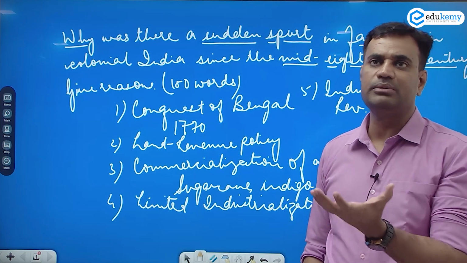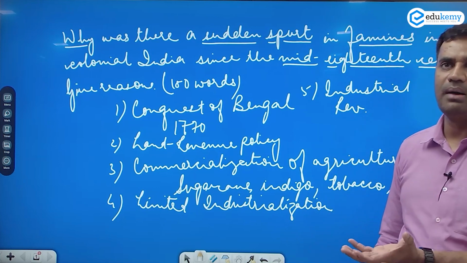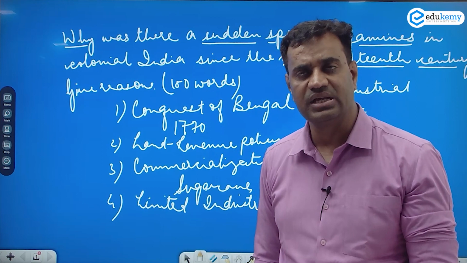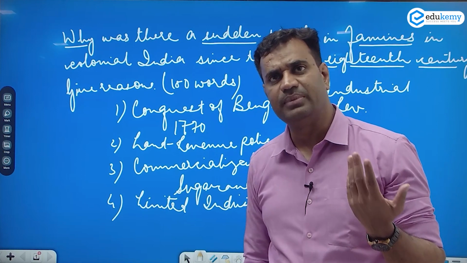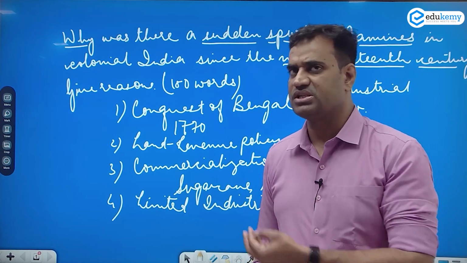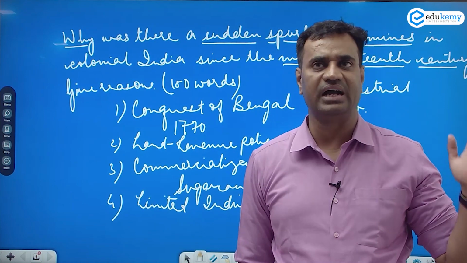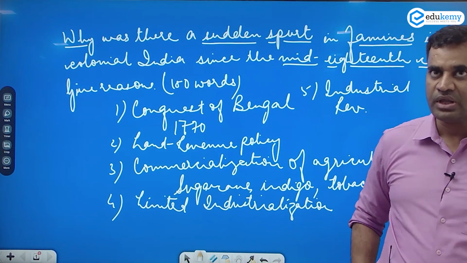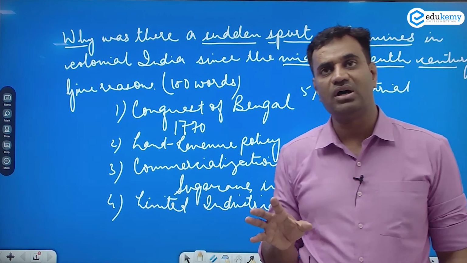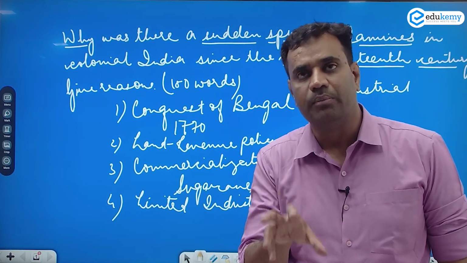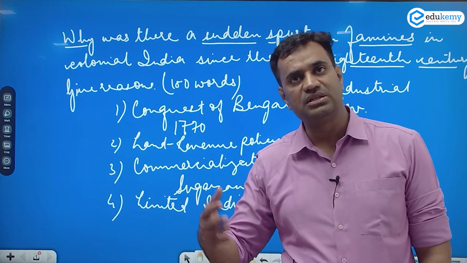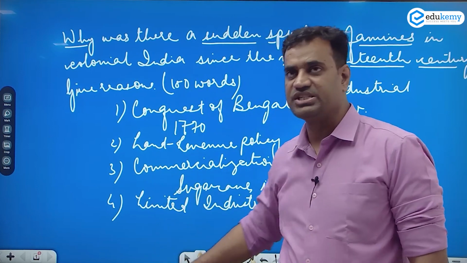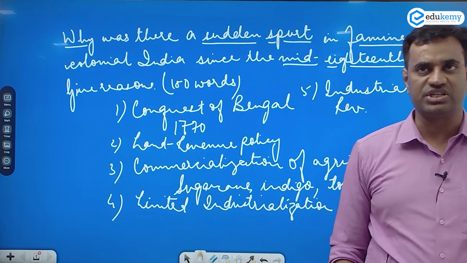Since raw cotton began to be cultivated in large amounts as a cash crop, it also affected the productivity of food grains, and since lack of food grain availability began to take place, it resulted in severe famines in India, leading to the casualty of a large number of people. Clear? So recurrent famine was the typical feature of British rule in India, and a certain spurt of those famines began to take place due to these policies and reasons under the British East India Company.